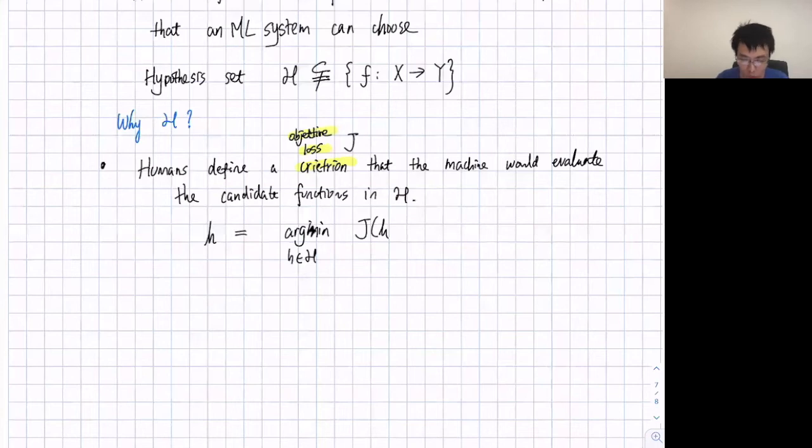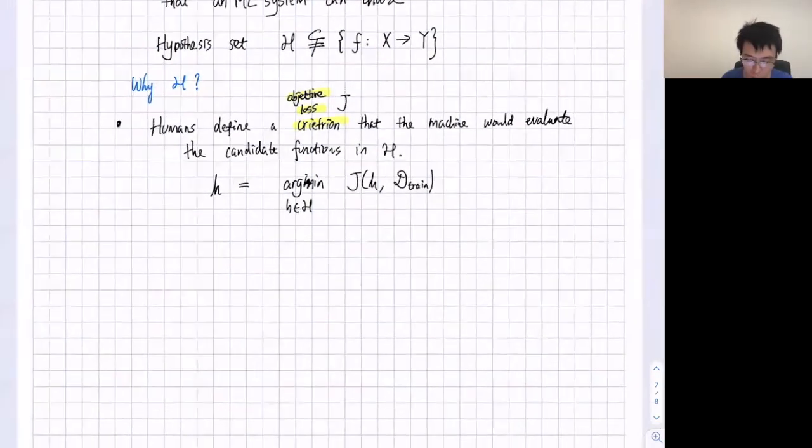This criteria is based on my training set. We have a set of experience, and they are my training set. So this criteria is a function of one particular hypothesis in my hypothesis set, and also a function of my training set.